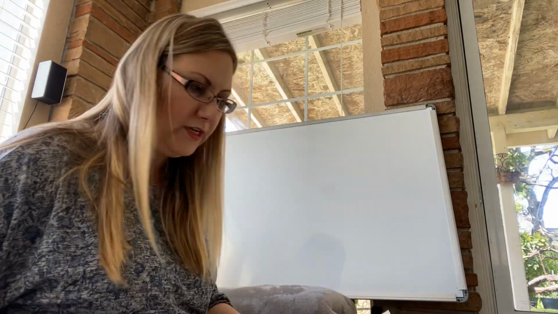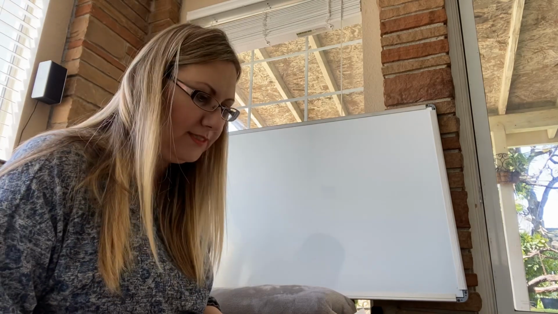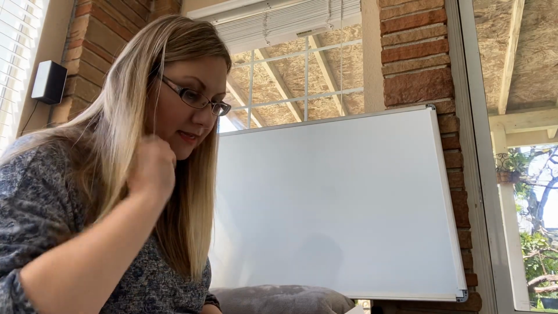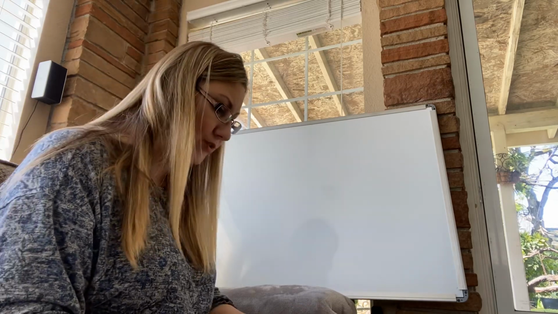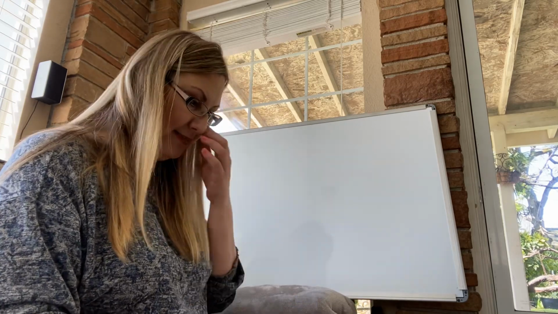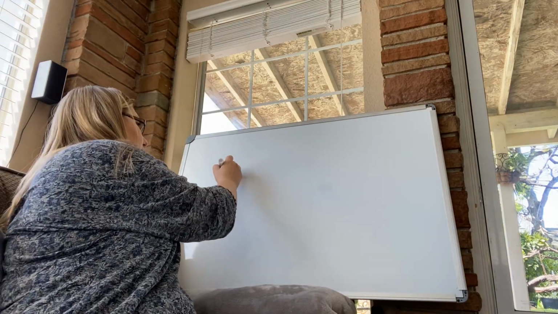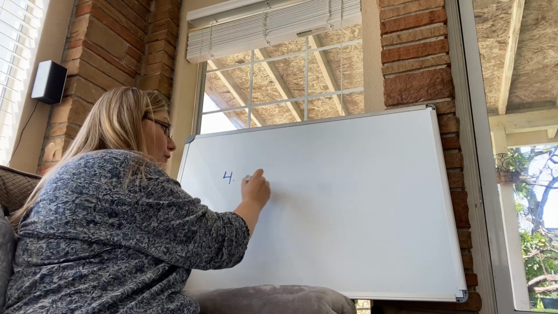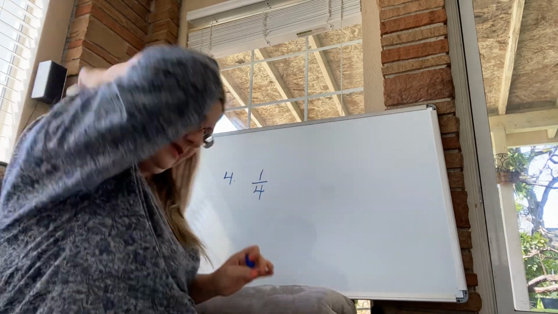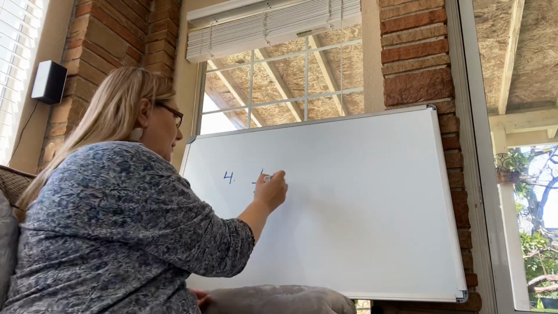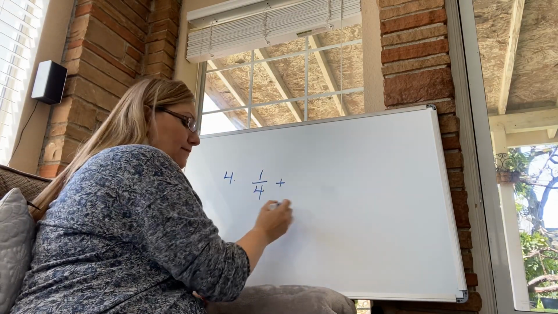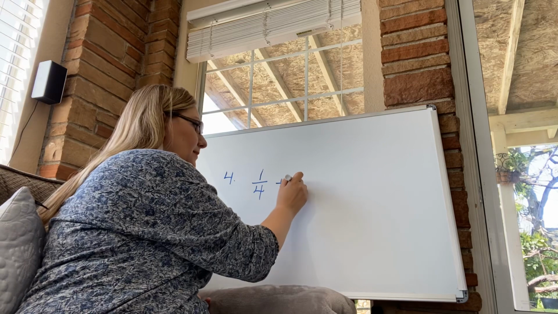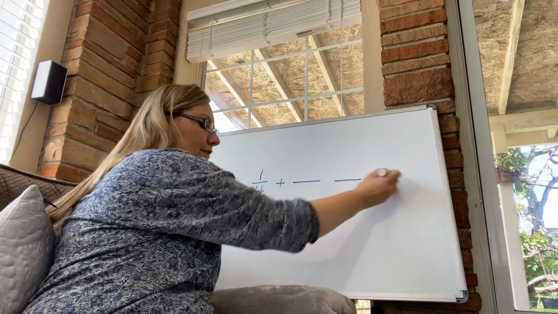Okay. Question number 4 says, write a number sentence that shows how to make a whole using only quarter pieces. So here we have question number 4. We have 1/4 is given, and then we have an addition symbol and the beginning of 3 more fractions.